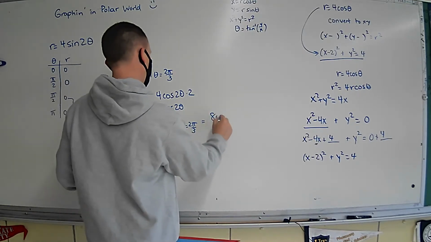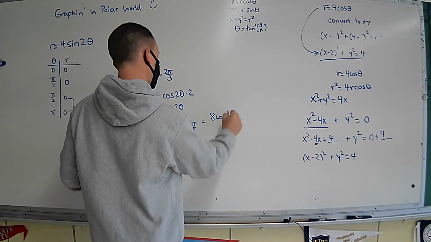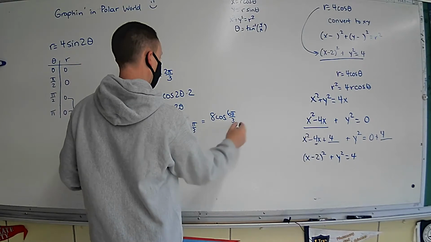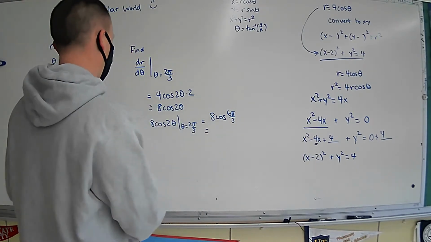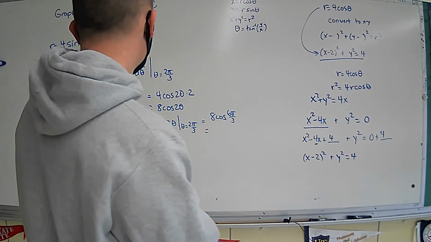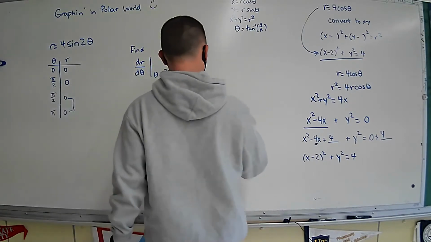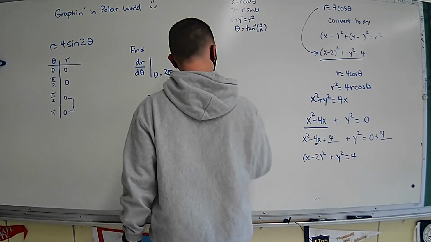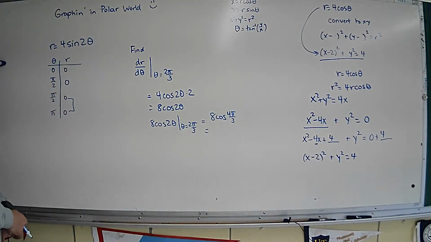So that's going to be 8 cosine of 6 pi over 3, or 2 pi. Wait a minute, 4 pi over 3. Yeah, 4 pi over 3. And what's the cosine of 4 pi over 3? So there you go. It's going to be negative.